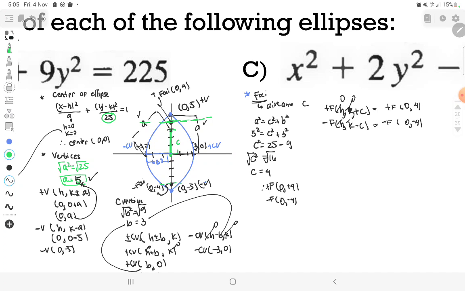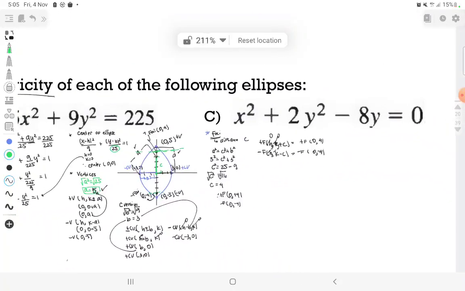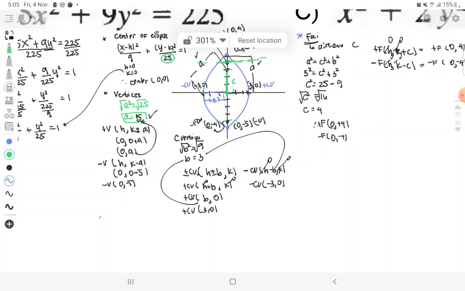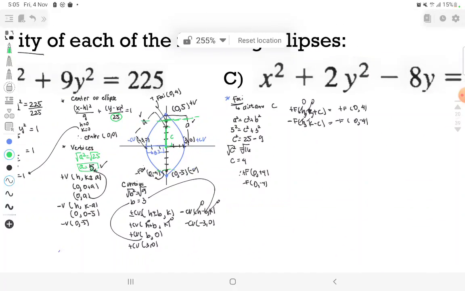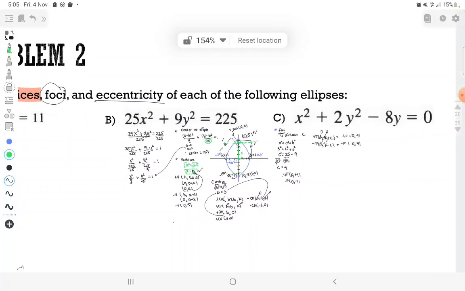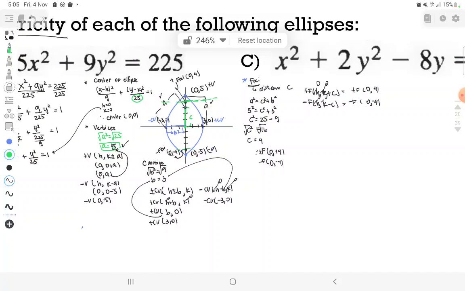Next, after our foci, we have our eccentricity. Now, solving for our eccentricity. I will just write it here.